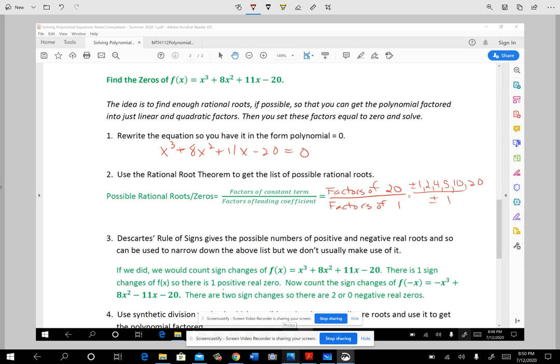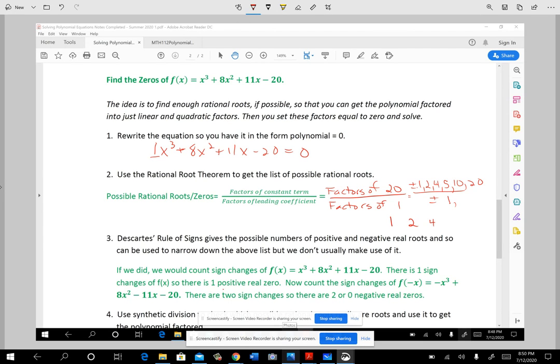If the number out in front were something other than 1, then you might have more than one thing down here, which causes your list of possibilities to increase. But for us, I would do 1 over 1, that is 1. 2 over 1, that is 2. 4 over 1, and so on.